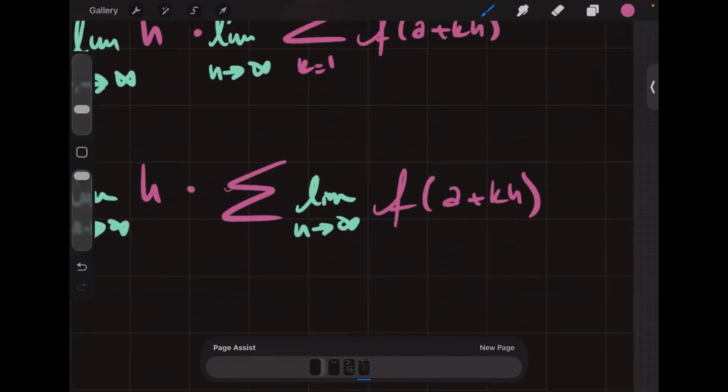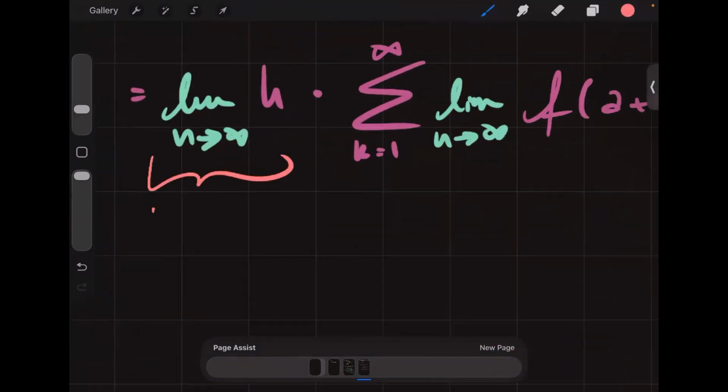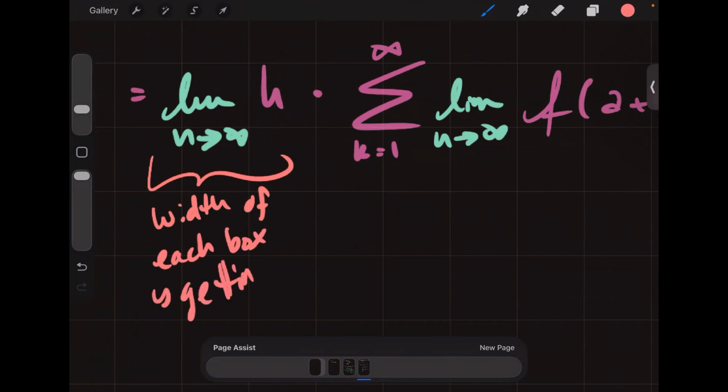But look, we're bringing this inside, and we're saying n is approaching infinity, right? That means we want an infinite number of n's, which means we want that up there as well, right? And what does this tell us? This is saying, right here, the width of each box is getting impossibly small.